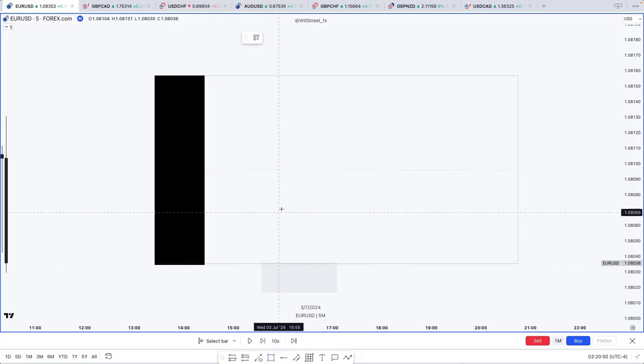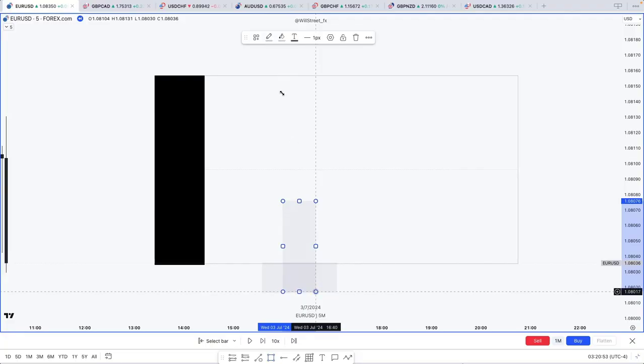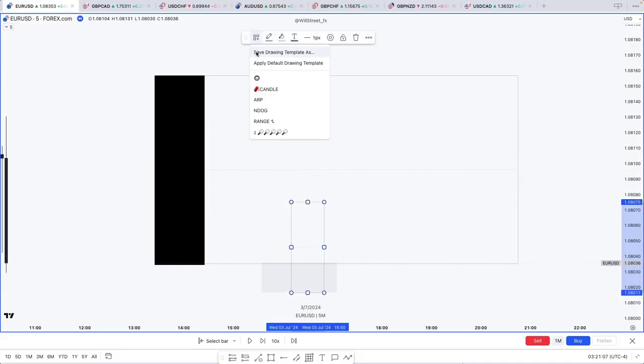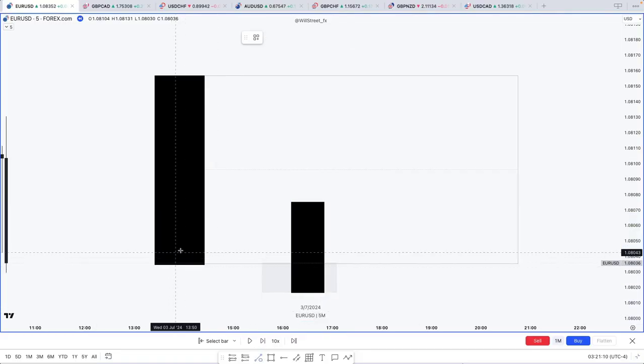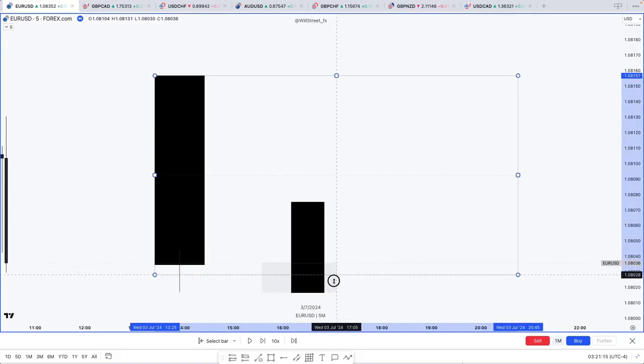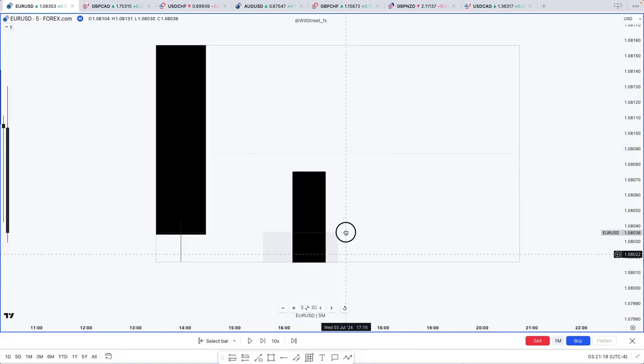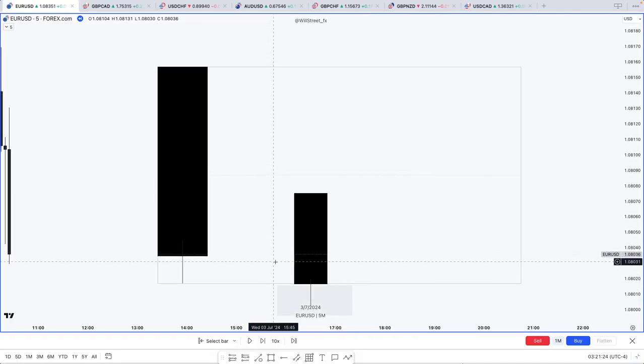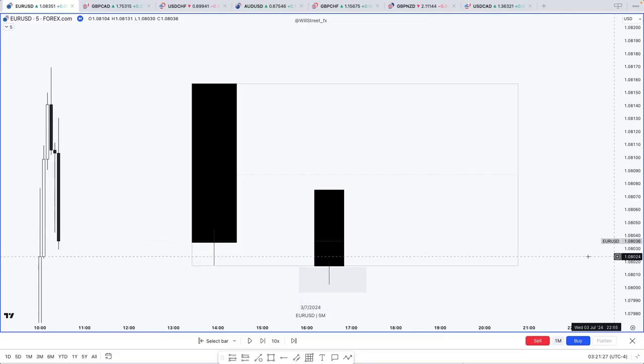Imagine that candle. Okay, this is a valid candle because it's closing inside that candle, including the wick.